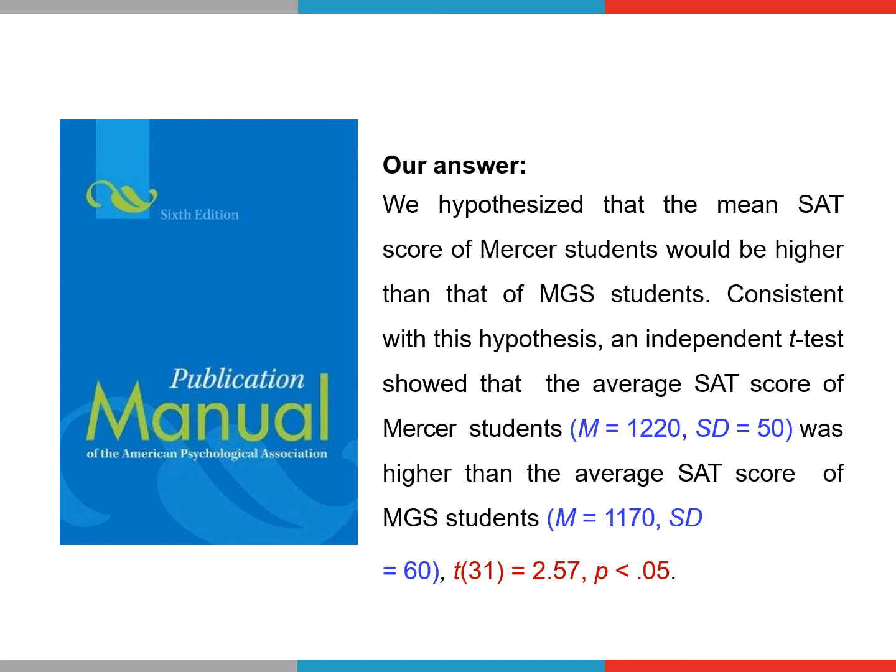And lastly, we have our t-test, and notice again that the t is italicized. So we're going to report the total degrees of freedom that you used to calculate the critical value in parentheses. And then you're going to report the obtained t statistic. And then you're going to tell us whether the p-value is less than or greater than 0.05.